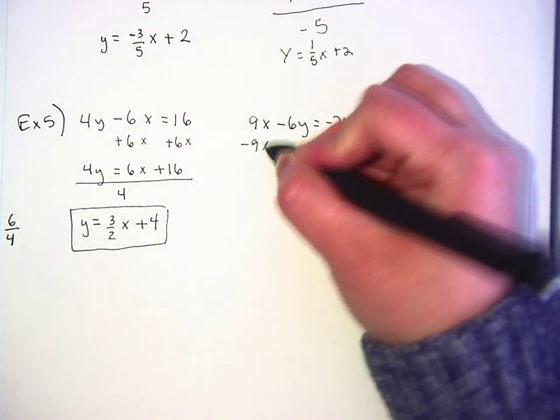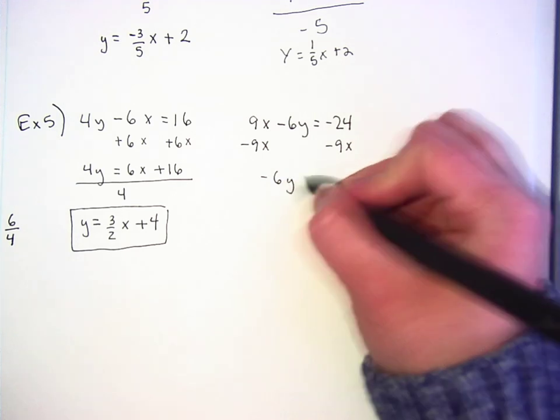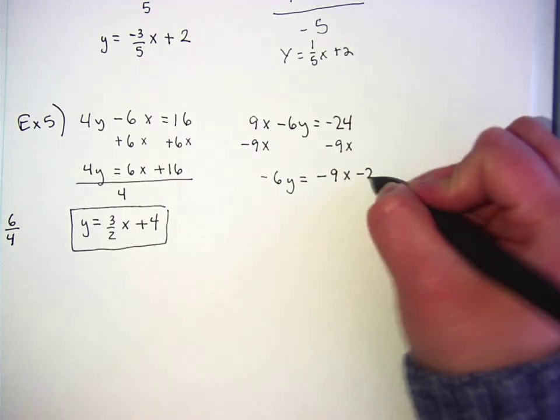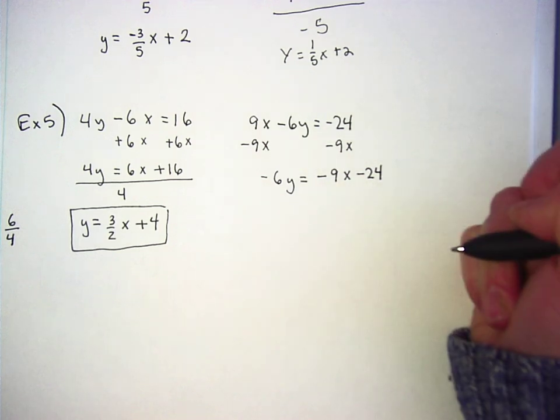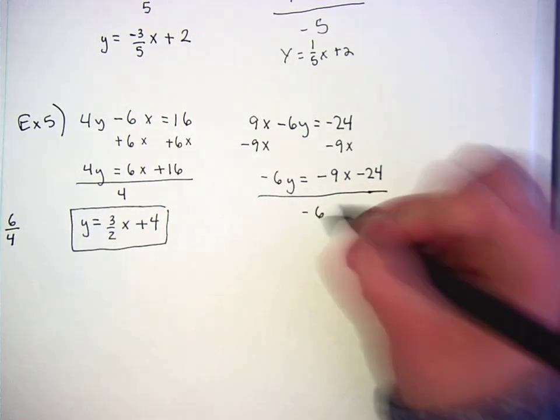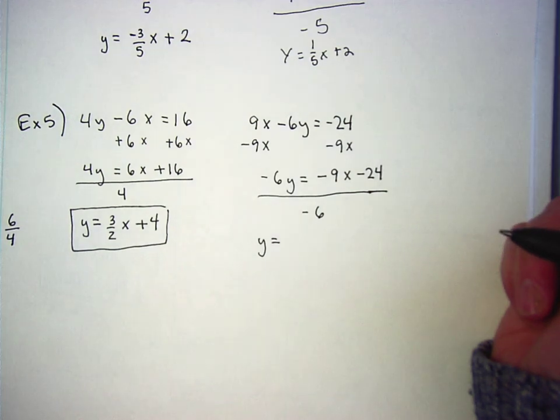Subtract 9x. Moving the x first, we've got negative 6y equals negative 9x minus 24. Divide by a negative 6. y equals, what's a negative divided by a negative? A positive.